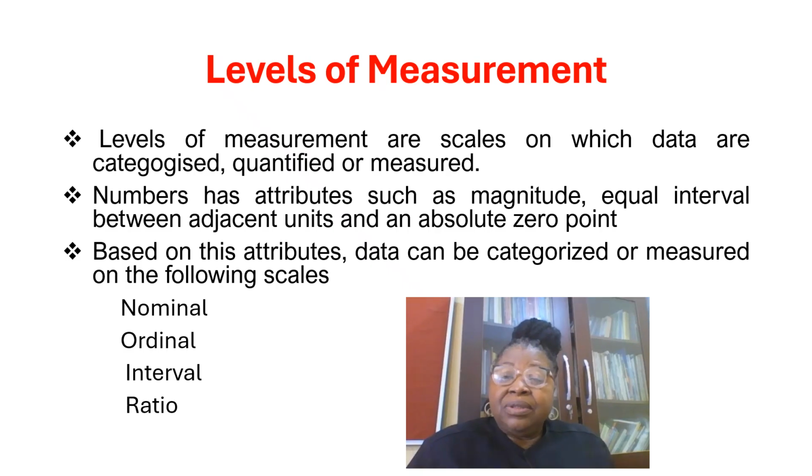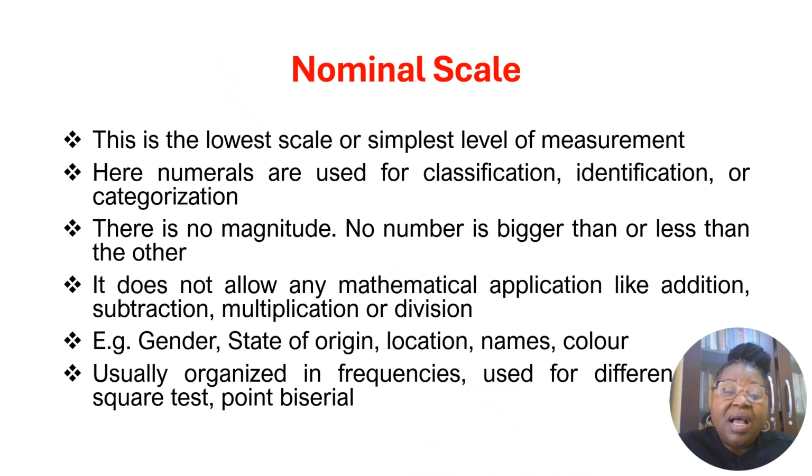Based on these attributes, data can be categorized or measured on the following scales: nominal scale, ordinal scale, interval scale, and ratio scale. Nominal scale, this is the lowest scale or simplest level of measurement. Here, numerals are used for identification, for simple classification or categorization. There is no magnitude, no number is bigger than or less than other.